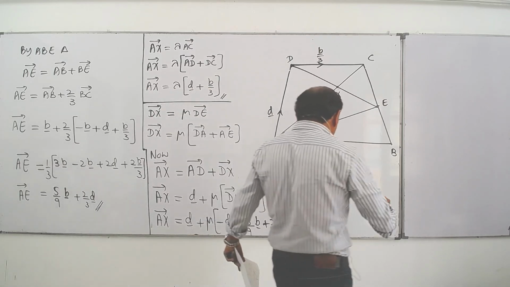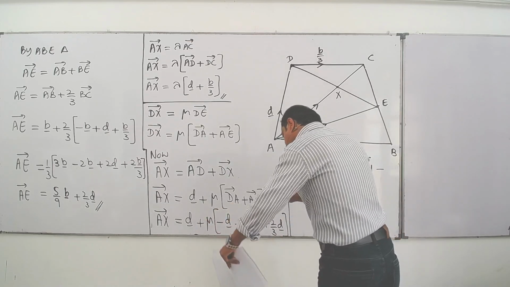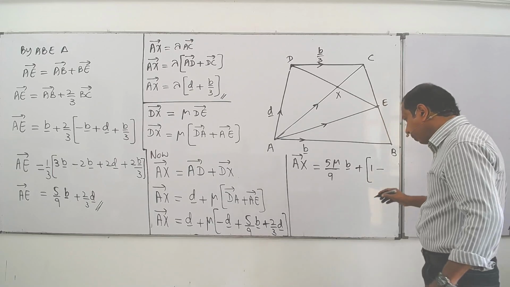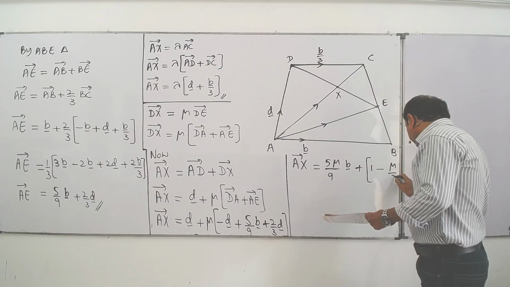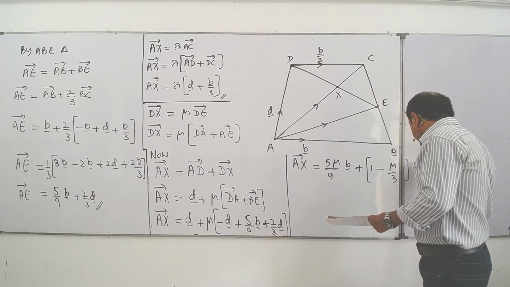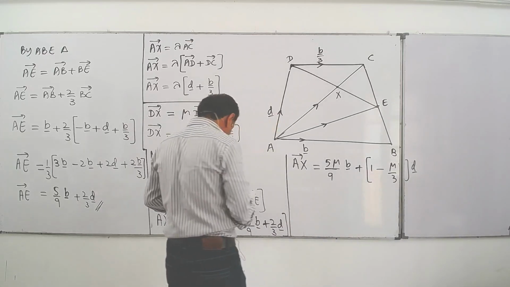And take this D out. When you take D out, 1 minus 1/3, that means mu divided by 3 times vector D. Only the simplification here I did.